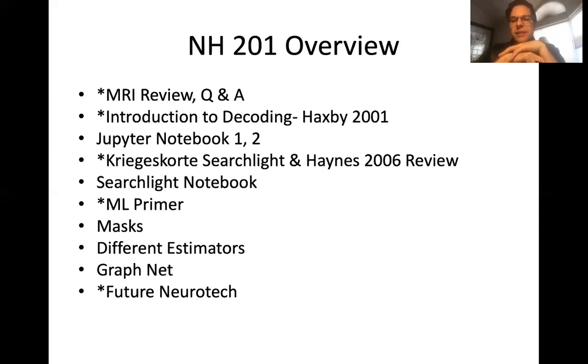The Searchlight is going to be our first time that we use something traditionally machine learning, which will be the support vector classification. We're not going to talk about it much in that notebook, but in the next section, the machine learning primer, we're going to go into more depth on all of the machine learning issues. The machine learning primer is kind of the midpoint of the course, give or take.